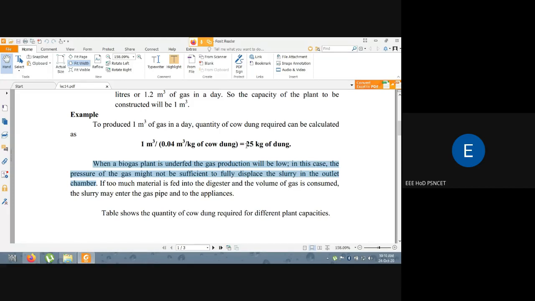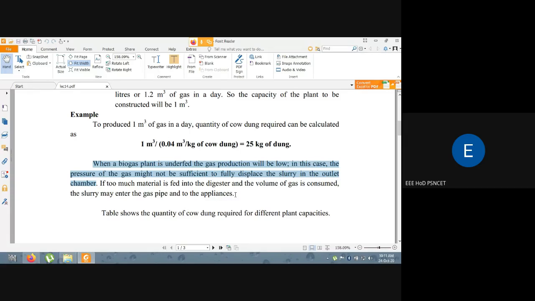Suppose we have an excess amount, say 40 kilograms of dung, definitely it will overflow. So if too much material is fed, the digester and the volume of the gas is consumed. The slurry may enter the gas pipes and all the appliances. It will overflow and it will reach the gas tubes also.